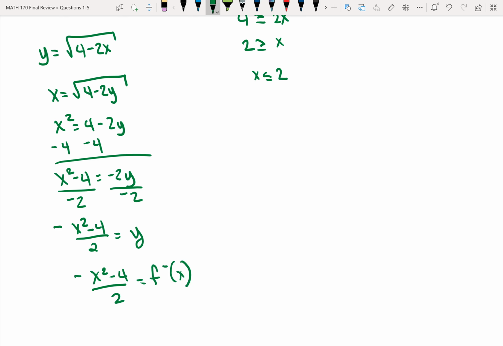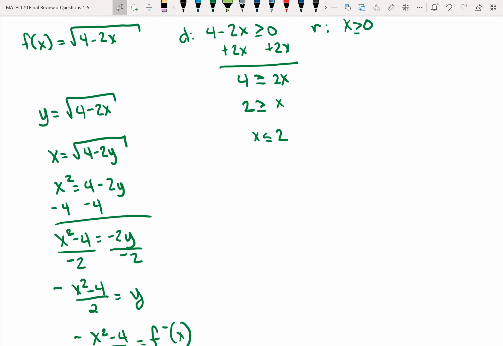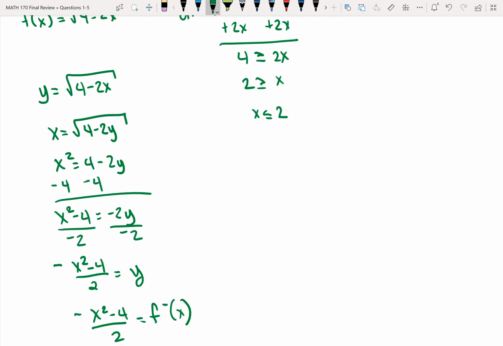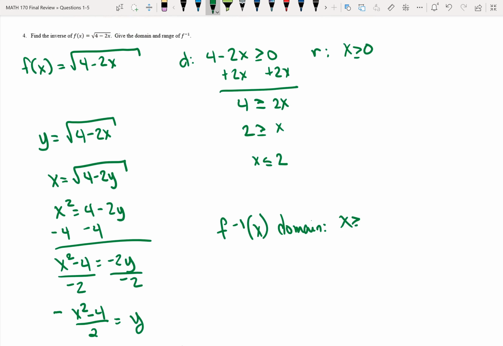All right, now to do the domain and the range of the inverse function, I just switch the places. So the inverse function's domain is the range of the original function. So that is x is greater than or equal to 0.